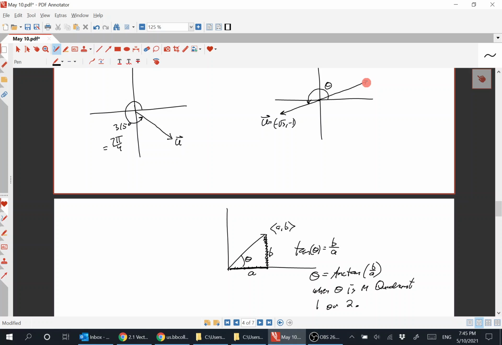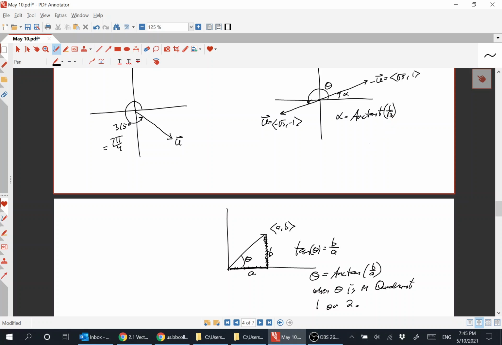Right, so this is like the negative of u, which is equal to positive square root 3, positive 1. Right, and then you can have this angle alpha right here. So alpha is the arctangent of the y coordinate over the x coordinate. So that's 1 over root 3.